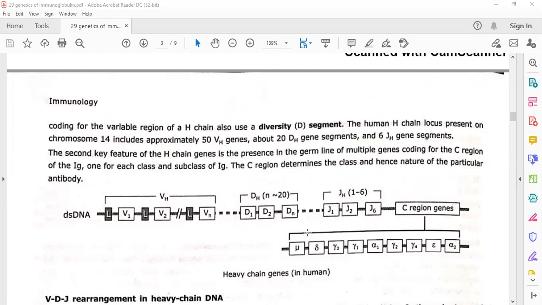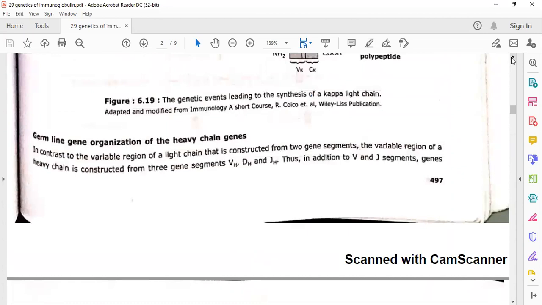If we talk about the heavy chain segment, there are many more gene sequences as compared to the light chains. In the light chain there are 2 regions: V region and J region.